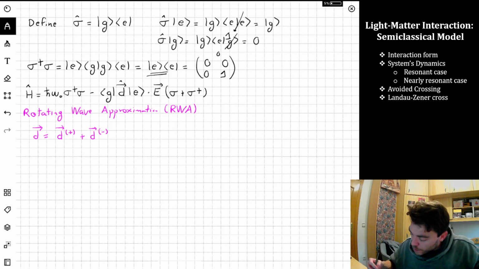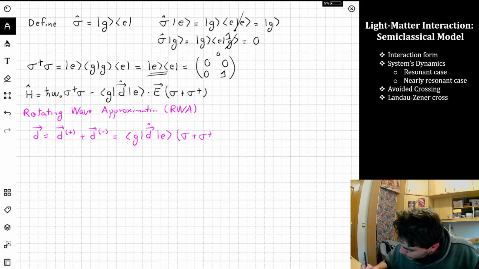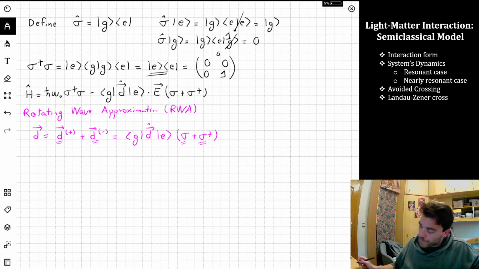Why do we write it like this? Because what we are going to do is this: I'm just rewriting the dipole moment we just found, and we are going to associate d plus to sigma and d minus to sigma plus, or sigma dagger.